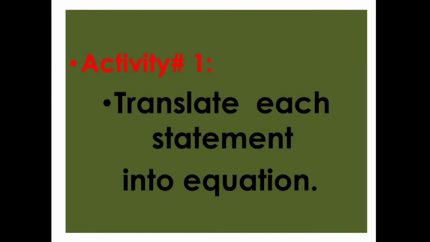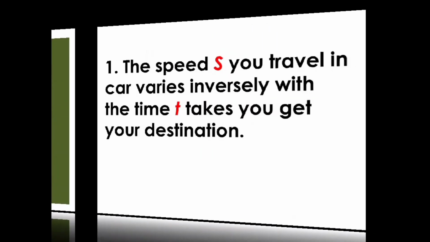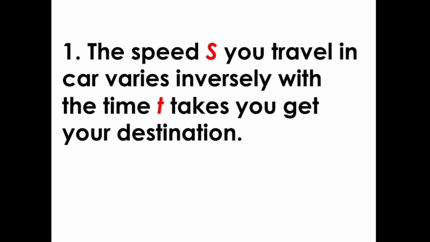So we have activity number 1. Translate each statement into an equation. Number 1: the speed s you travel in a car varies inversely with the time t it takes you to get to your destination. What will be the answer?